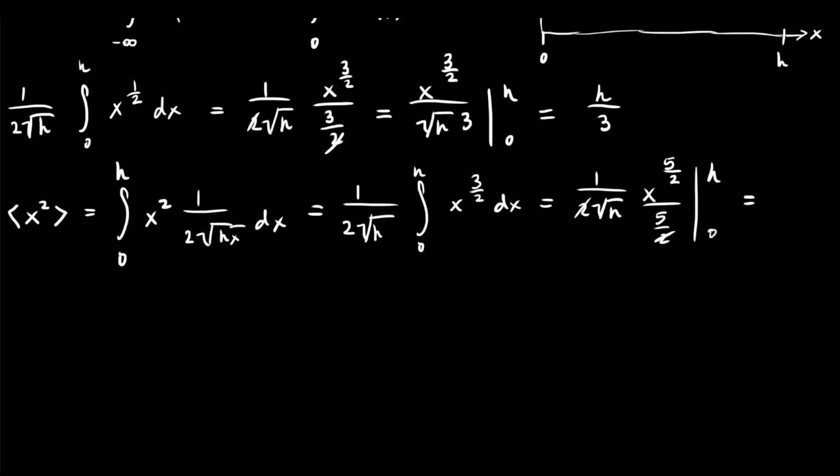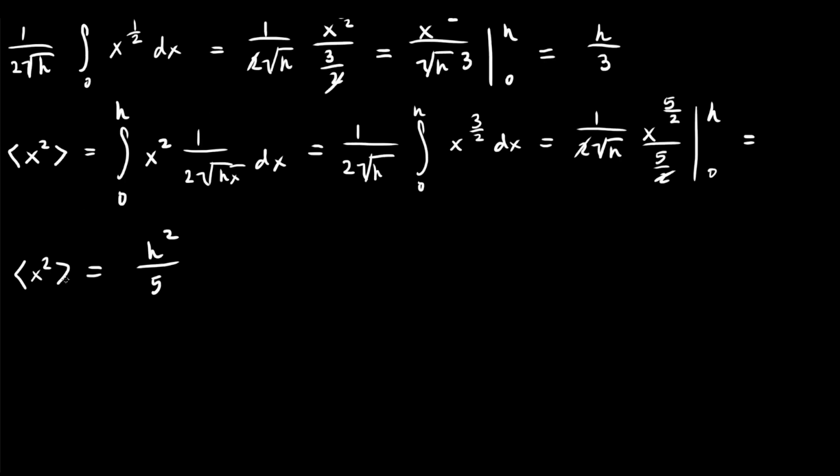And once again, we don't have to worry about the initial point since it's 0. We just worry about h. And when we plug in h, we get h squared over 5. So we have now found both the expectation value of x squared and the expectation value of x. And we just need to plug in to the standard deviation equation.